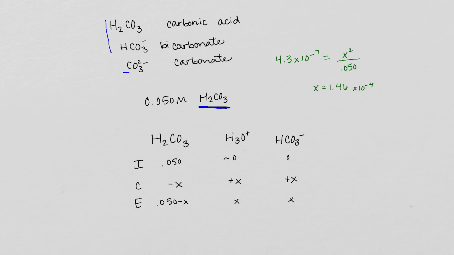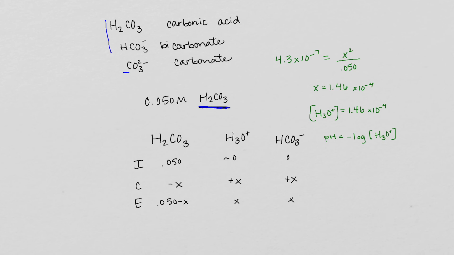And my question is to find the pH of this solution. So I'm going to write out my hydronium ion concentration is equal to 1.46 times 10 to the minus fourth. And remember that pH means take the negative log of H3O plus or H plus.